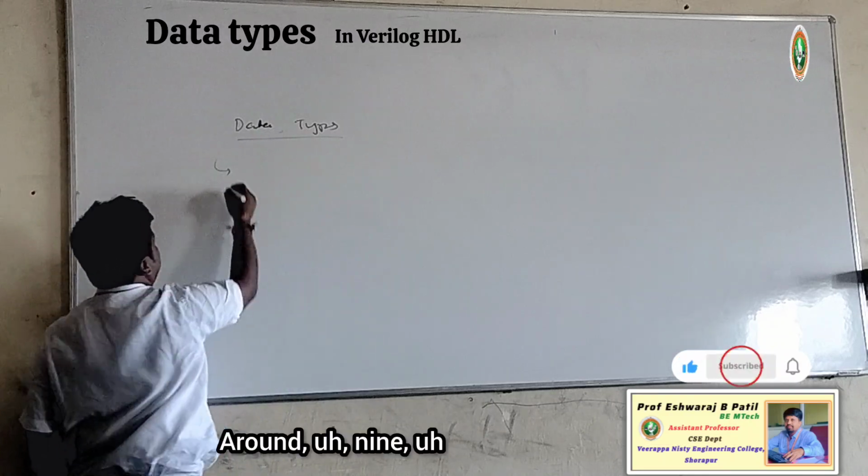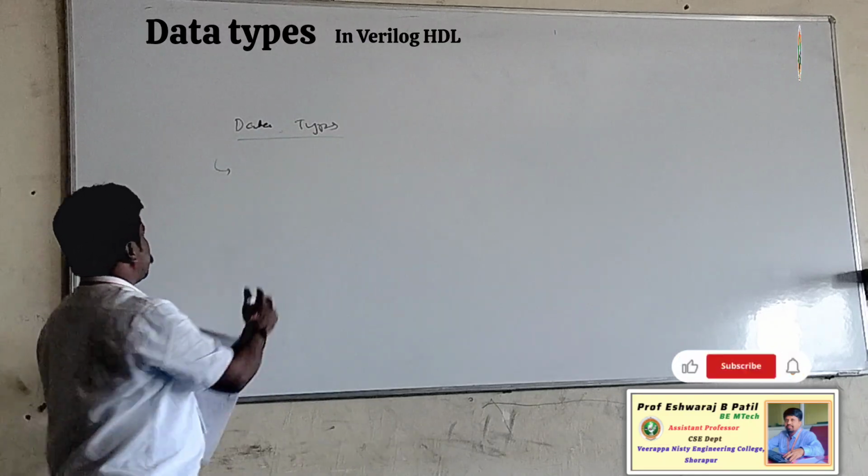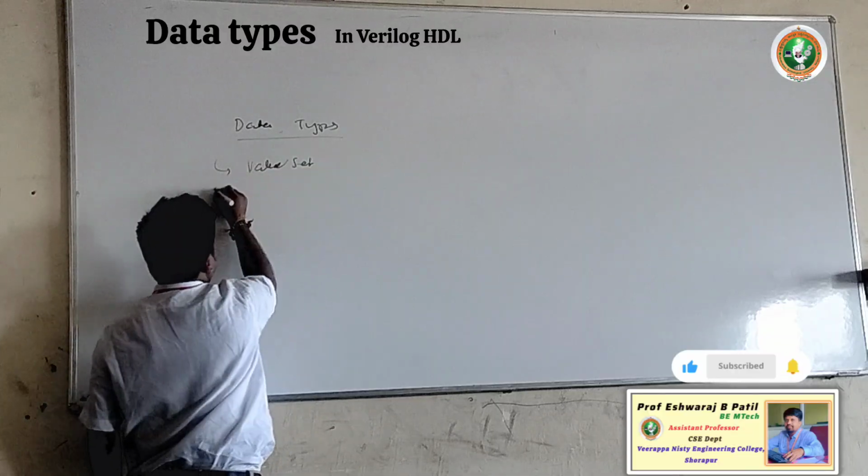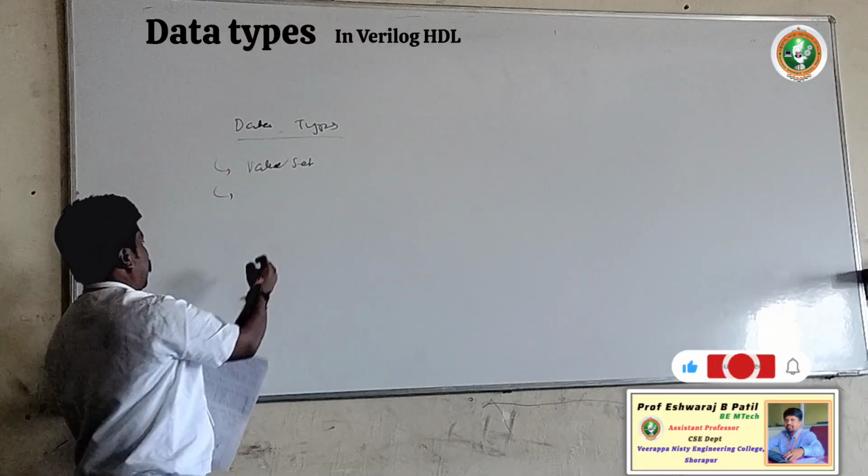Okay, around 9 data types are there. One is the value set. Another one is the nets.